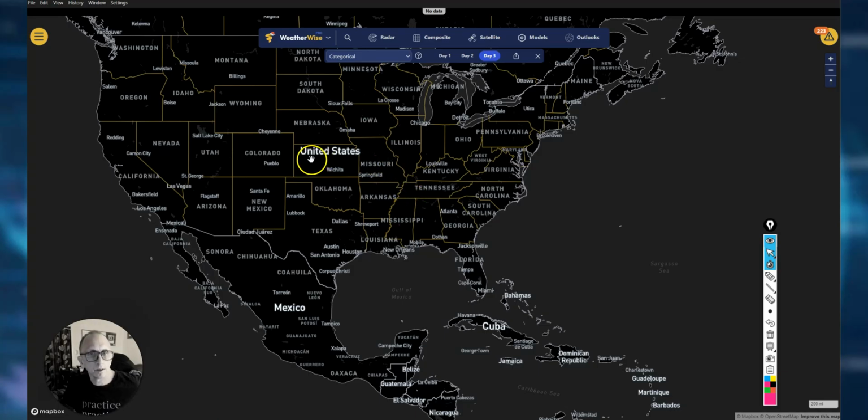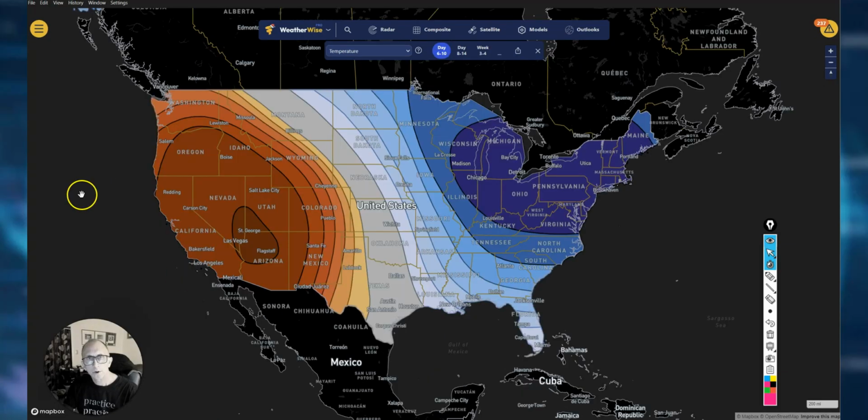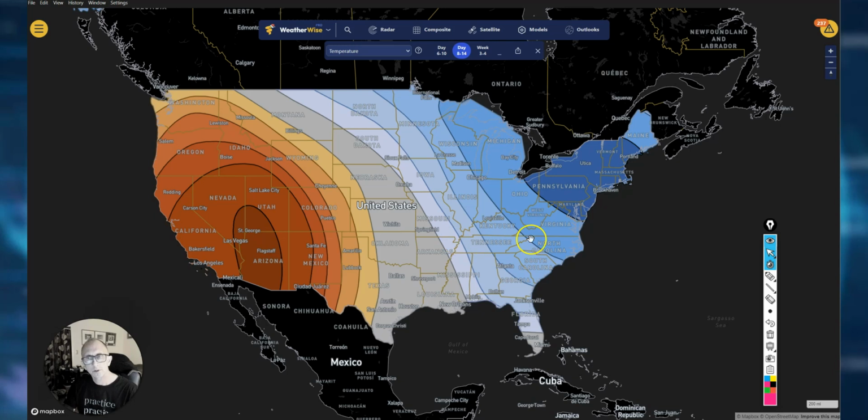So as far as the mid to longer range temperature outlook, you see the warmer temps are expected out west here and to the east. We talked about that. A little less confidence going further out, which isn't unusual, right? Pretty confident of warmer than normal temps out west here. Okay.